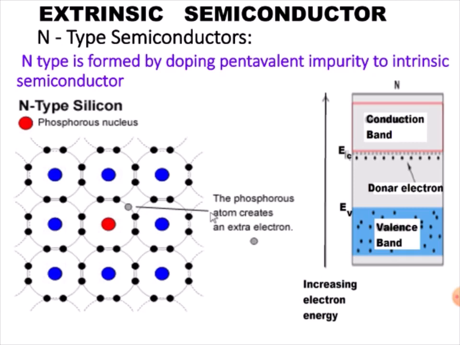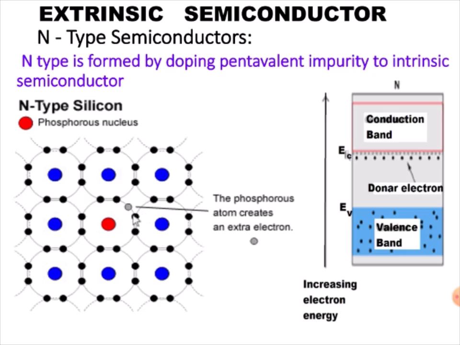This lone electron, which has no counterpart to form a covalent bond, has more energy compared to the other electrons, and it can move about freely in the crystal. Thus, each impurity atom added donates one free electron to the crystal structure.